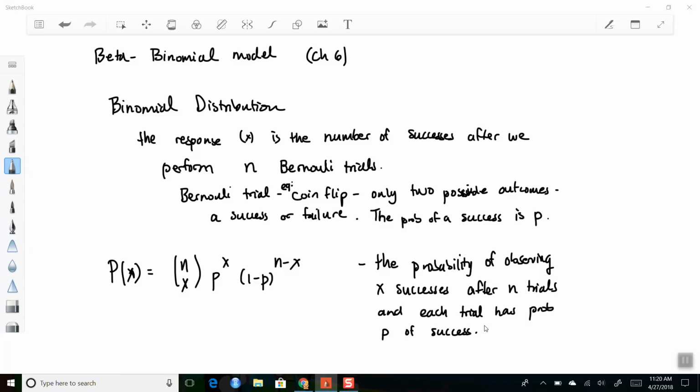So that's binomial, and I think we've seen this enough that we feel comfortable with it.